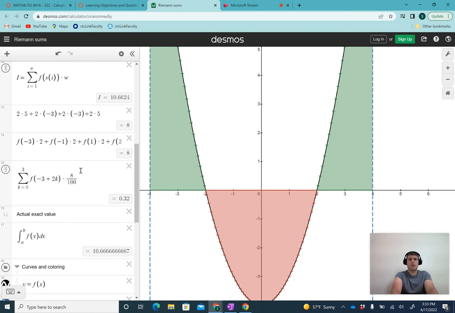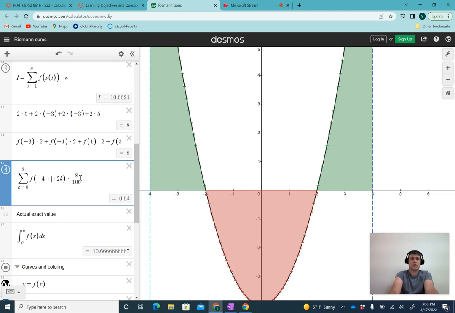Okay, but then, this is the actual answer. I'm not there yet. What's wrong? Well, because see, I'm still using the old x values here, -3, -1, and so on. But I want to start. Where do I start? Well, let's see. I start on the left. I start at -4. Where's the first midpoint? Well, if you do -4, the first midpoint, you're going to have to add half of this width of the rectangle.